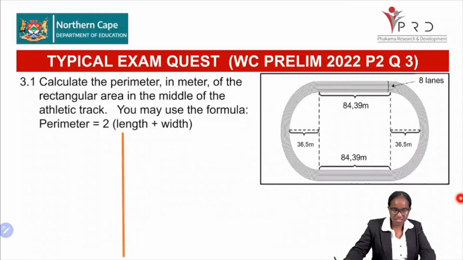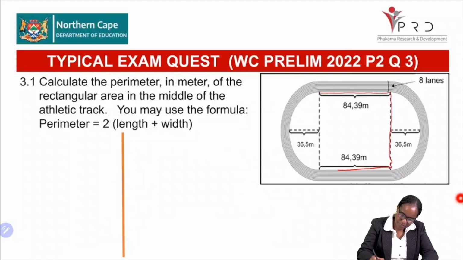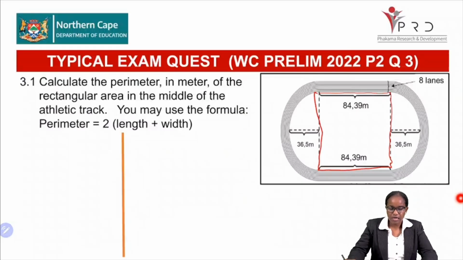Let's answer the questions then. Calculate the perimeter in meters of the rectangular area in the middle of the athletic track. So we want the perimeter in this rectangular side of the field. What do we need?